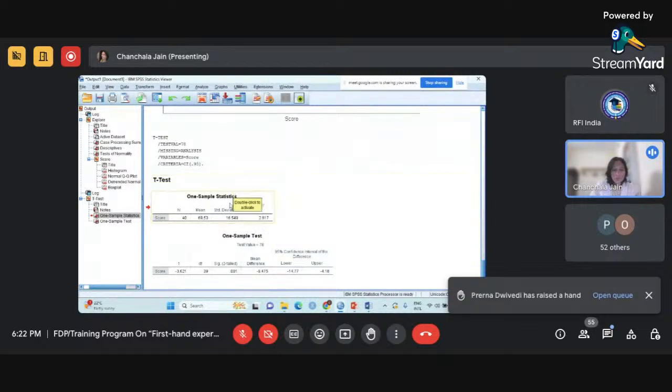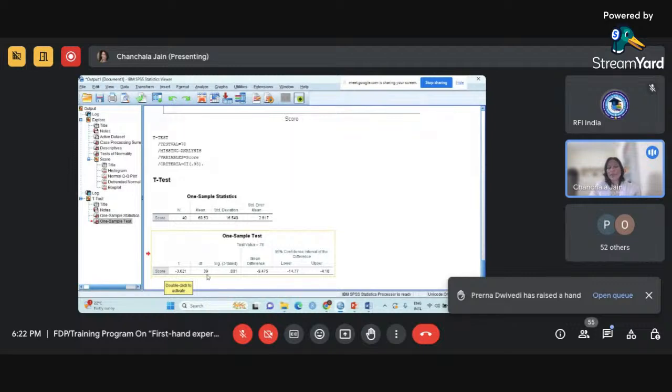Now coming to the next table, that is the one sample t-test. Here you can see the test value we have taken as 78, which is shown to us by SPSS. The t value is the calculated t value, which is minus 3.621.